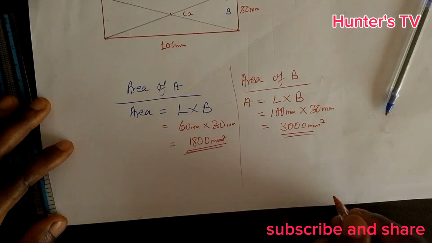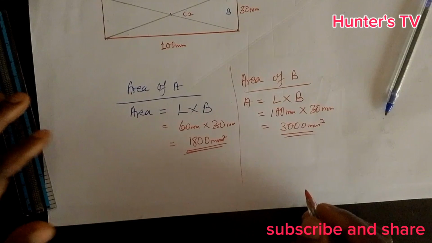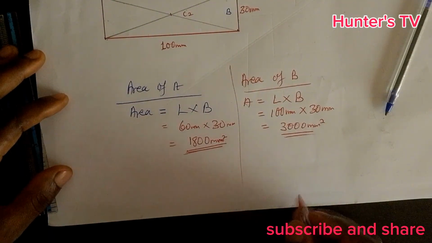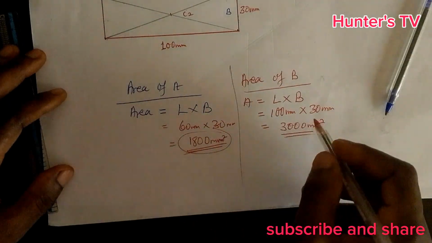Good. Now, after getting the areas of the two rectangles, you find the ratio of the areas in the simplest form.